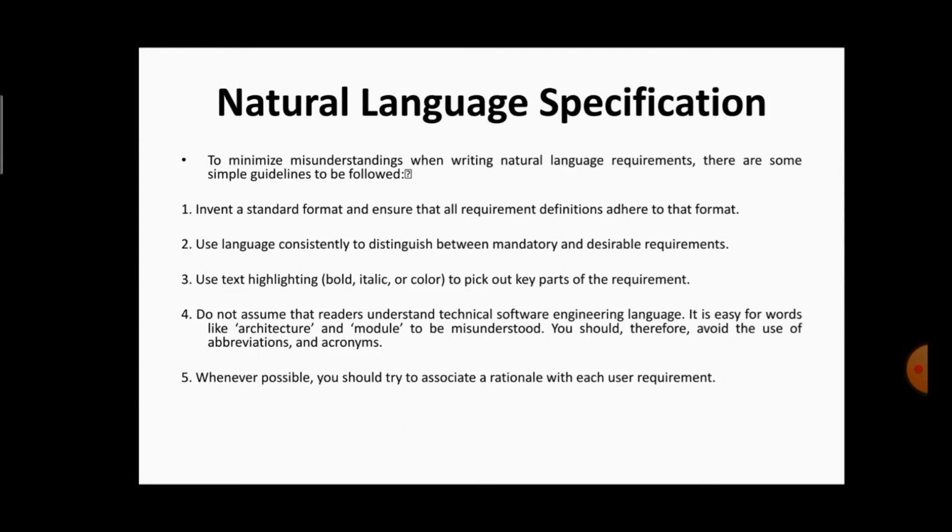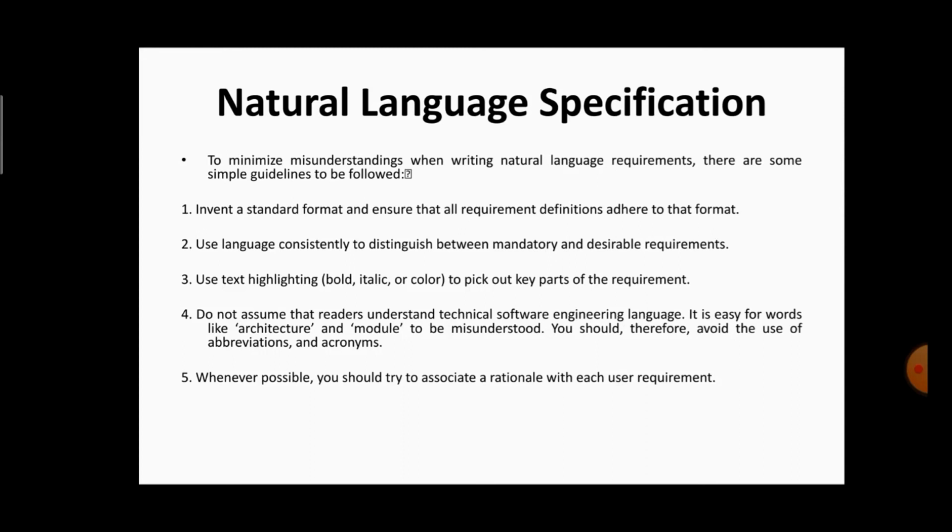And one more very important thing: do not assume the reader's technical knowledge. You can't assume that my user, my customer, is a technical person. No, I can't do that. My customer can be a non-technical person also. You have to remember that.